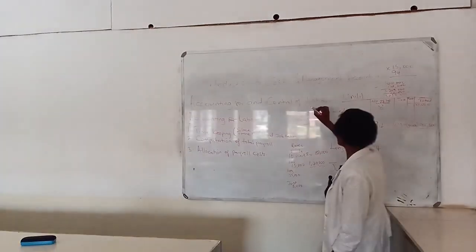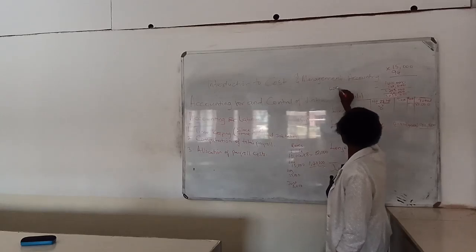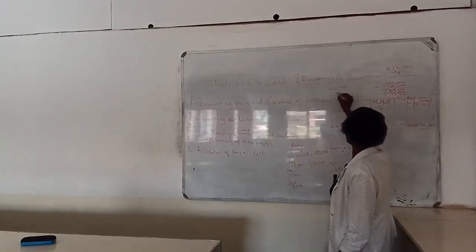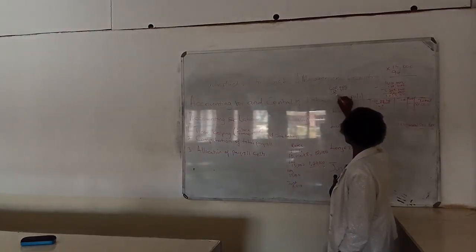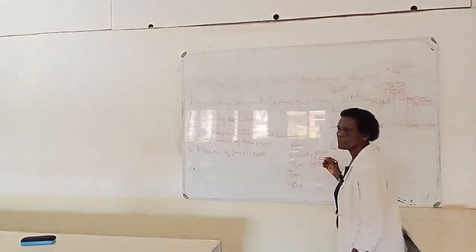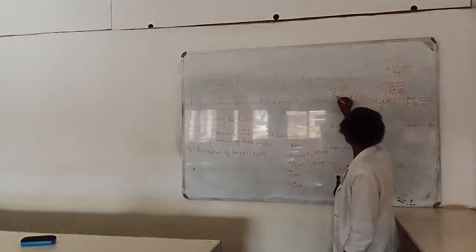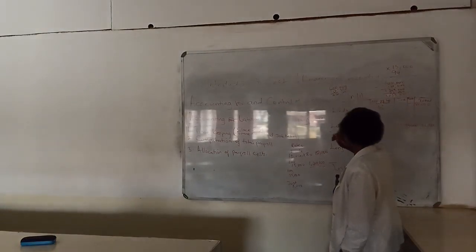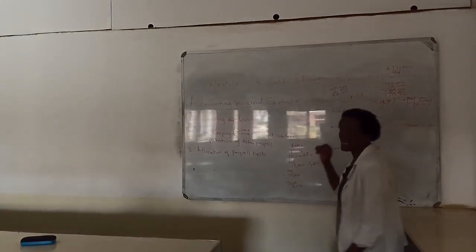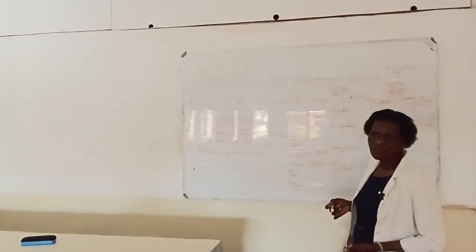Yes. So 600,000 minus 150, which is how much? 450. So 450 is the amount that I will have deducted free.